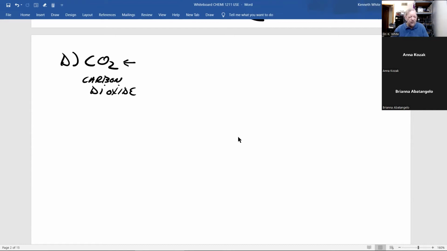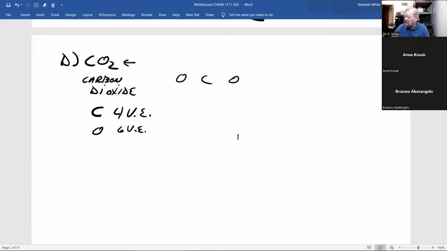All right, draw the Lewis structure for CO2. Now, I'll help you out. We've already looked at this. Carbon has 4 valence electrons. Oxygen has 6 valence electrons. The only way this will work is with carbon in the center. So it's your turn to try this out.